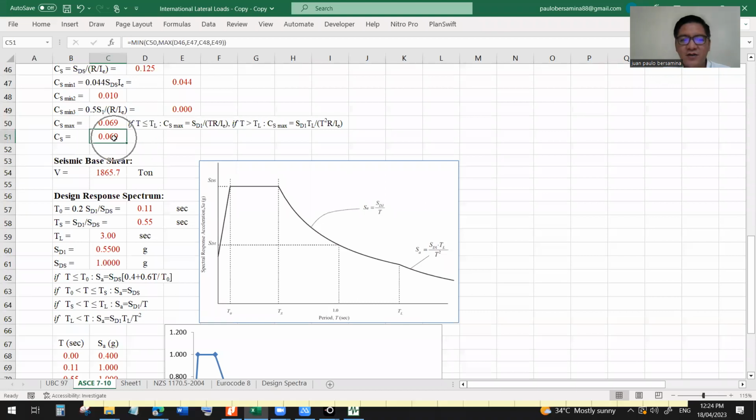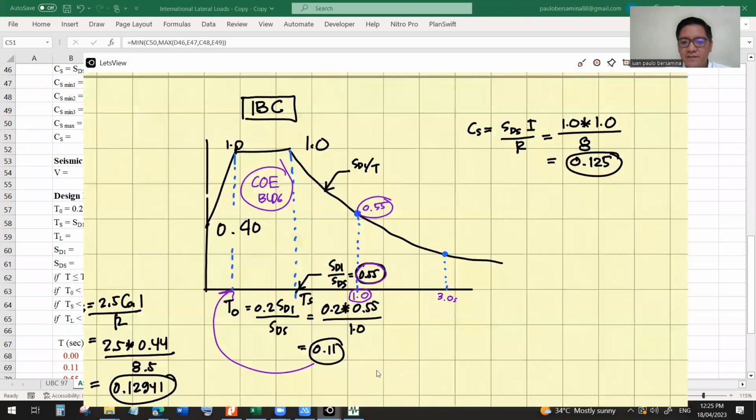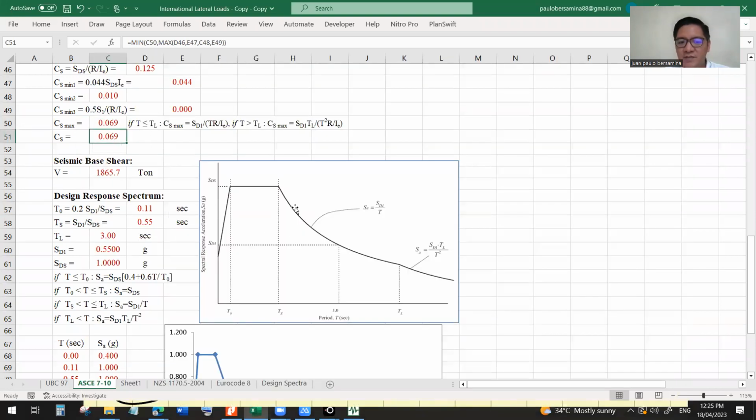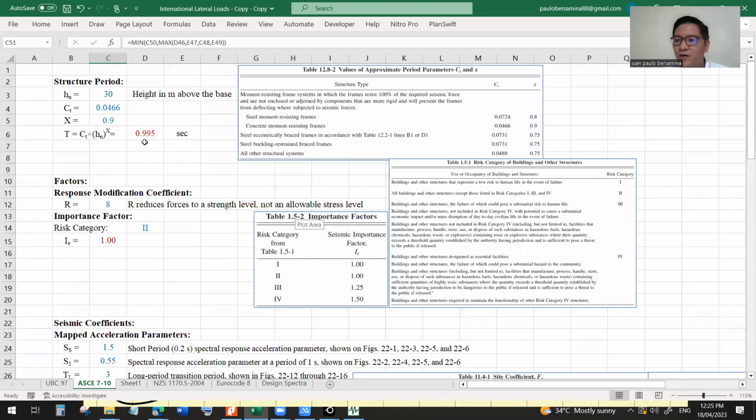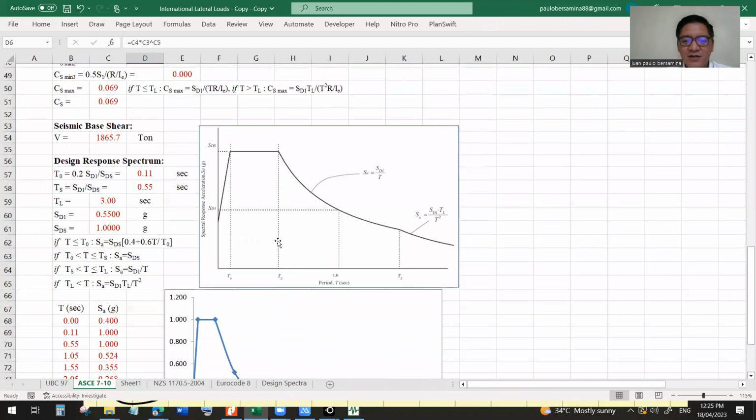So, kanina, 0.125 yan. Now, it's 0.069 because the period of your structure is 0.9 or almost 1 second na. Double check nila ito, kasi sa ASCE na table to, hindi sa NSCP. Anyway, basta malaki. And as you see, wala na siya dito sa zone na yan.